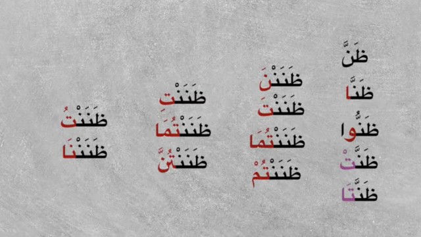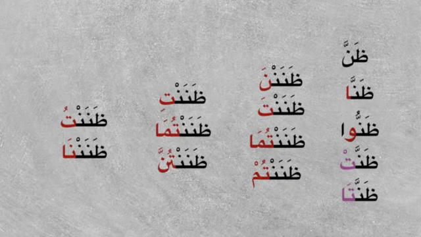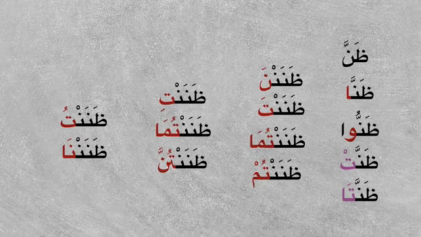So zanna, zannu, zannat, zannata, they both thought. And from zananna, hunna, it becomes zananna, zananta, you thought, zanantuma, zanantum, you all thought, zananti, zanantuma, zanantunna, zanantu, I thought. Zananna, we thought.